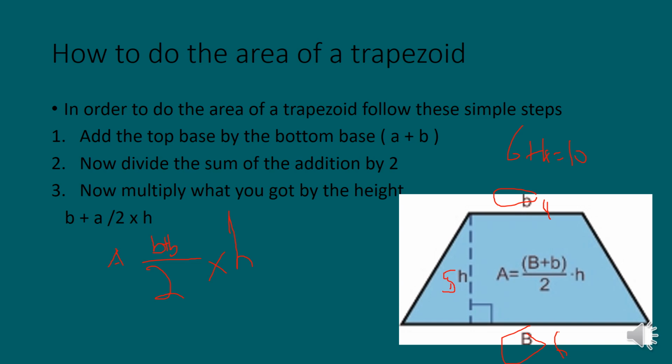And then we do 10 divided by 2, which equals 5. Then, as I said, you multiply it by the height. So 5 times 5 equals 25 centimeters squared. All right, guys? So now we know this is the actual answer, 25 centimeters squared, then we can do more.